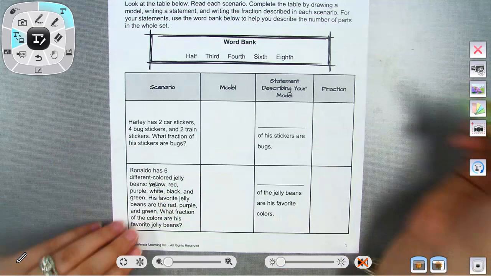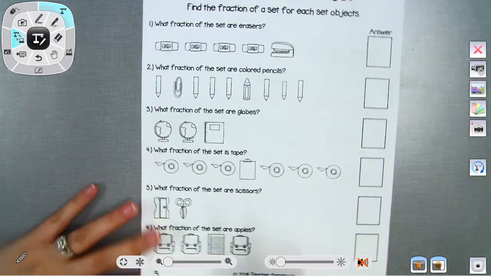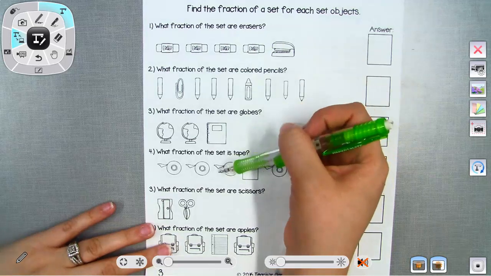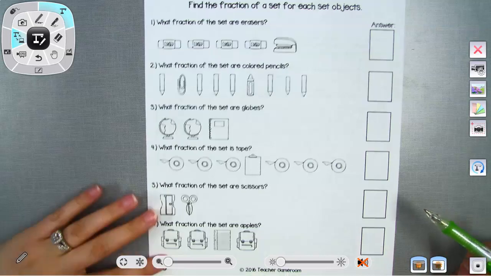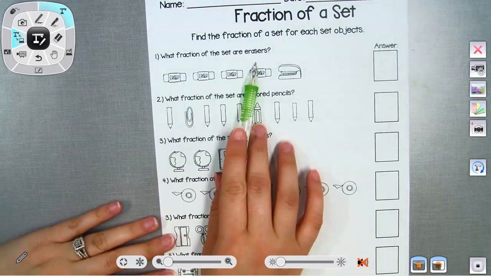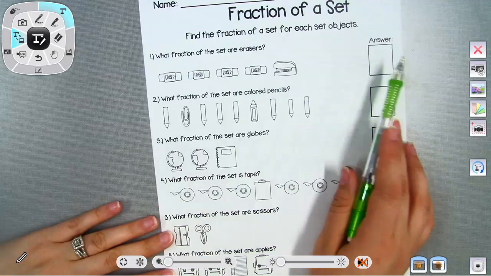And then you're going to write your fraction. So you have 2 of those. Then you have 1, 2, 3, 4, 5, 6 problems on the back that you're going to read. It's going to tell you what fraction you need to write, and then write your answer.